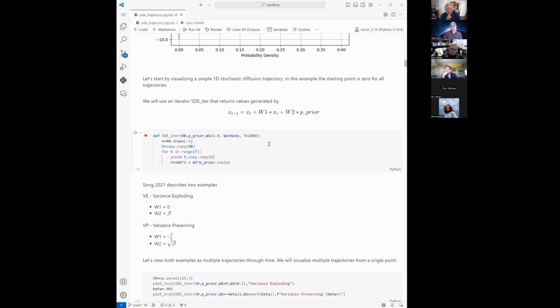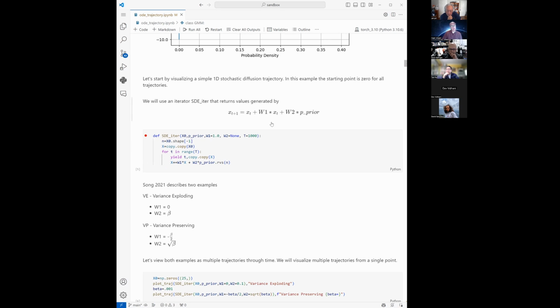So I played with this initially. Like I said, I kind of naively thought it was just add noise. If you just add noise to the data, eventually the data turns into noise. And it turns out that that's not entirely true. This was pointed out in the Song paper in 2021. He called it variance exploding and variance preserving.